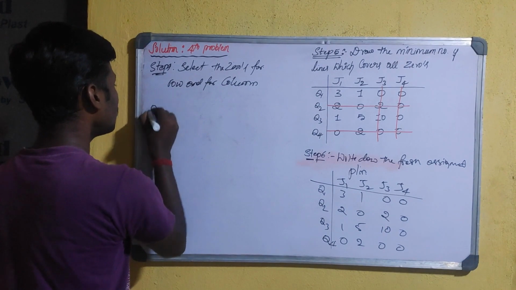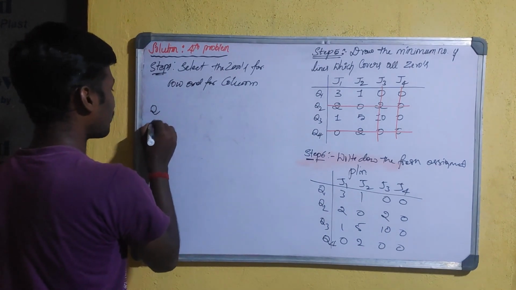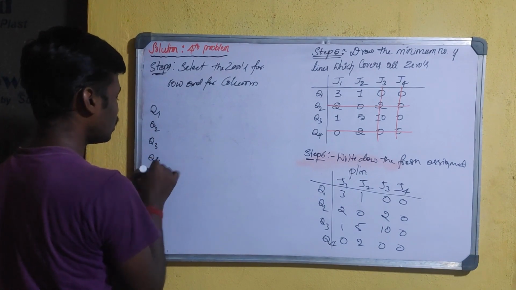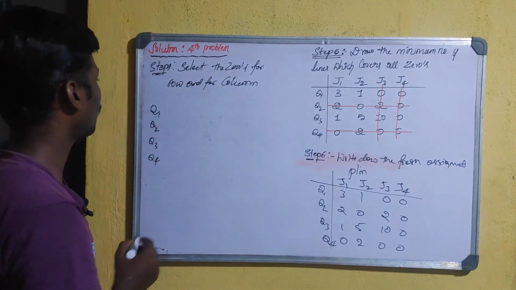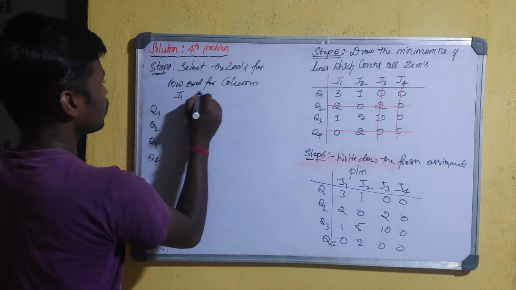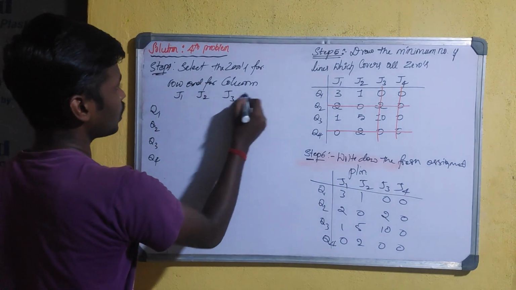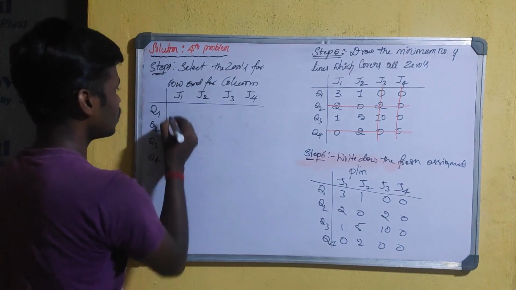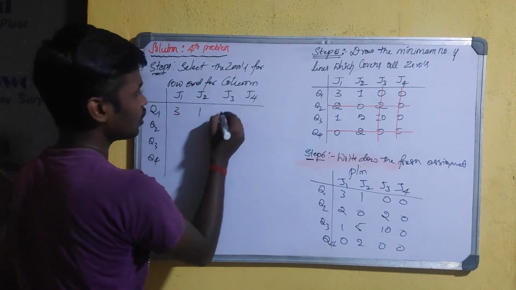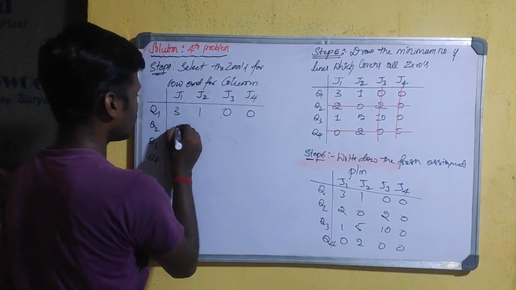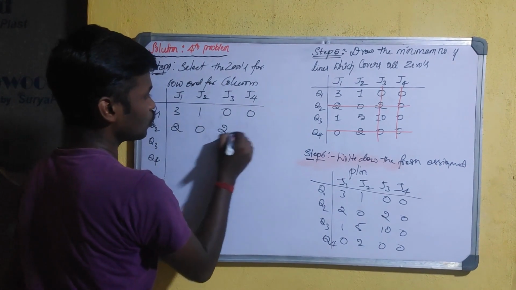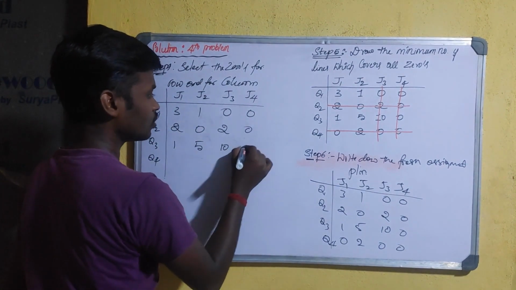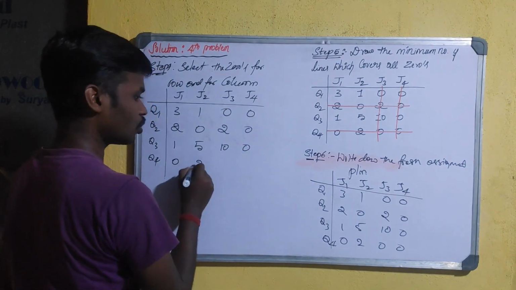There are four operators Q1, Q2, Q3 and Q4, and jobs 1, 2, 3 and 4.